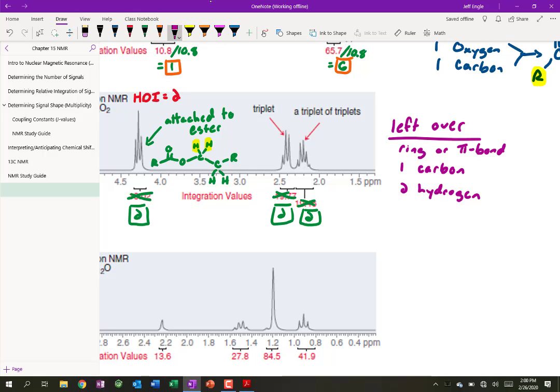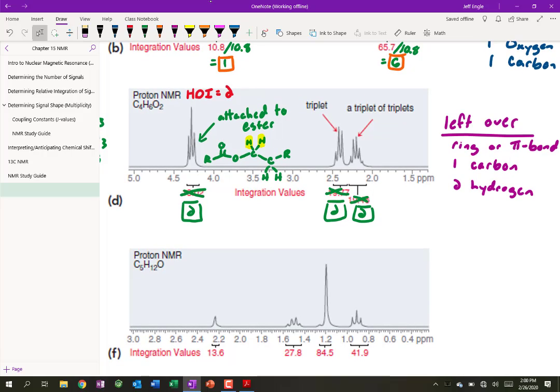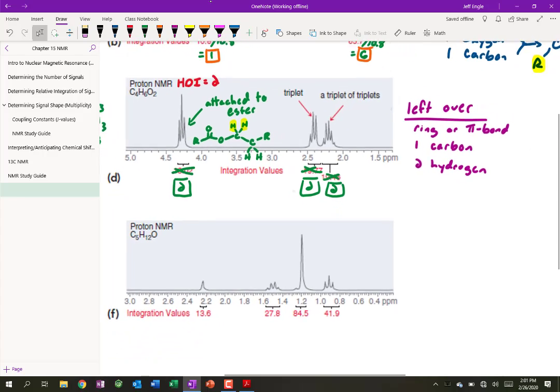All right, so now we've got to figure out what's going on here. Let's go to our remaining parts. It says we have a triplet and then a triplet of triplets, meaning multiplet more or less. It's hard to interpret. Does anybody have an idea for how they think this might be all connected together? Yeah, it could be a ring. So let's take a look at this.